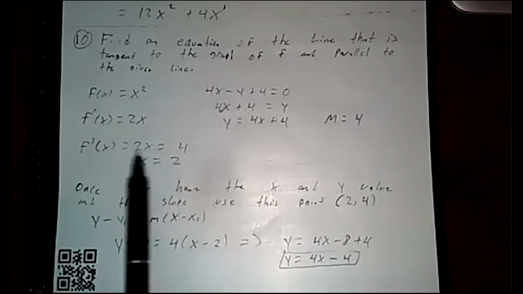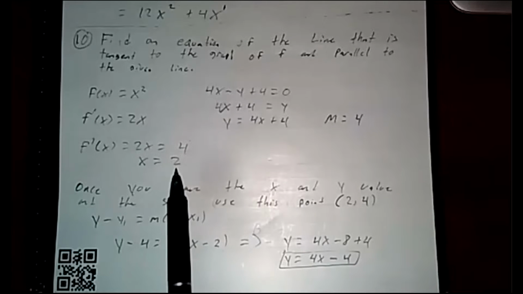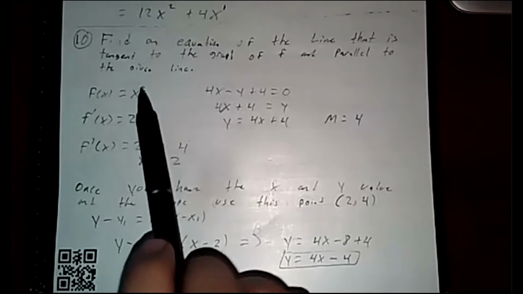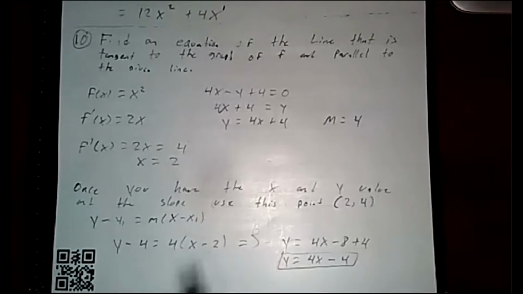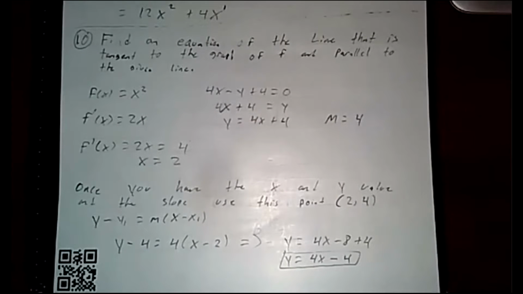And then you solve for x, and once you have that x, you plug it into the original, which is 2x squared on your end, and you have this point. Once you have that, you can answer the question, because you need the point and the slope. After that, it's no big deal. But finding that point, I think, is the hard part.